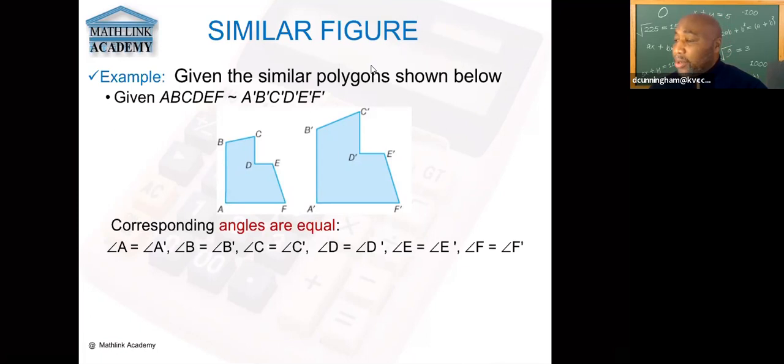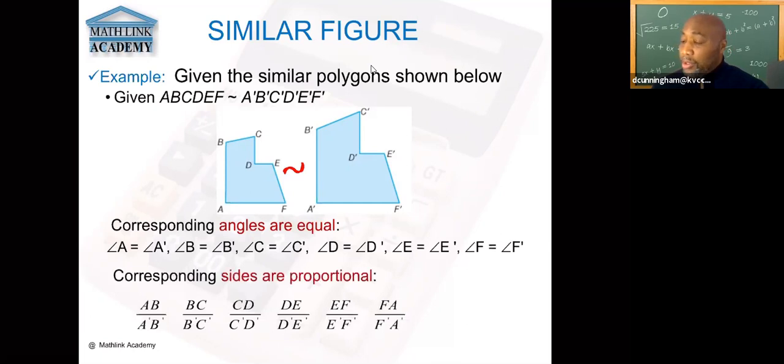And I'm going to give you that symbol again. Here's our symbol for similar figures. If we're saying that they're similar, then angle B equals angle B prime, angle C equals angle C prime, and so forth. Also, the sides are proportional.